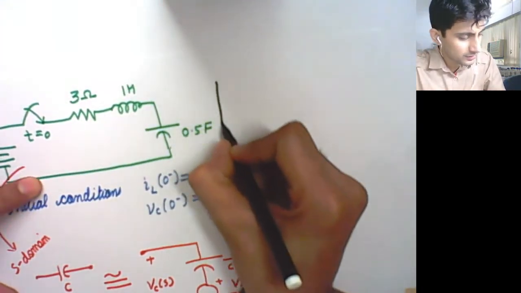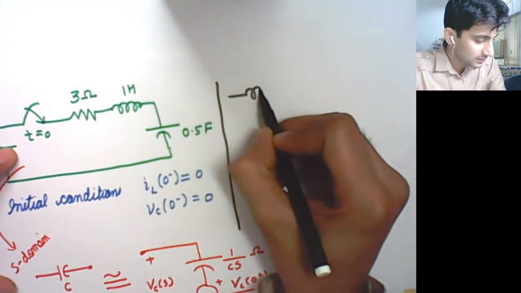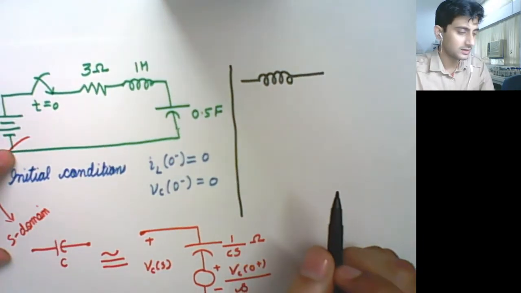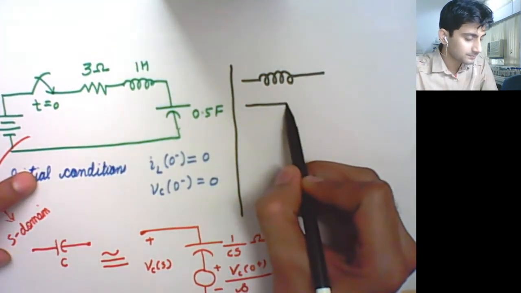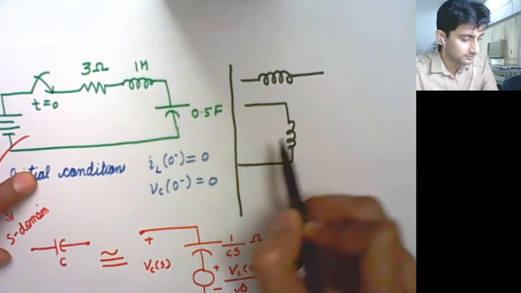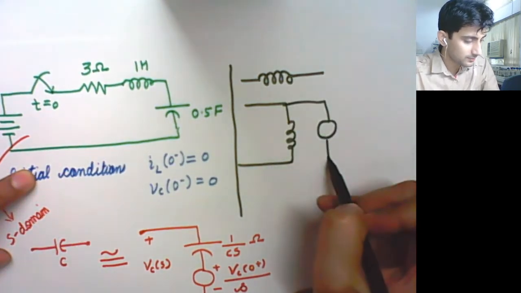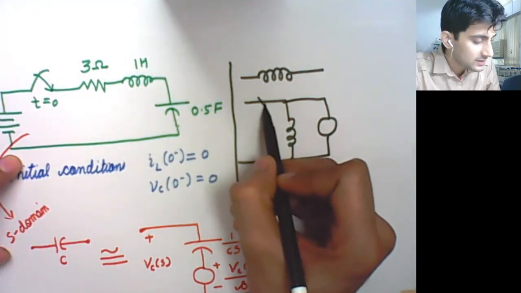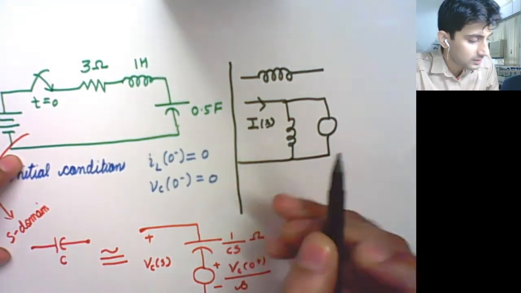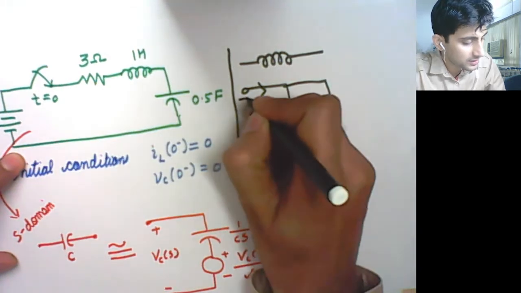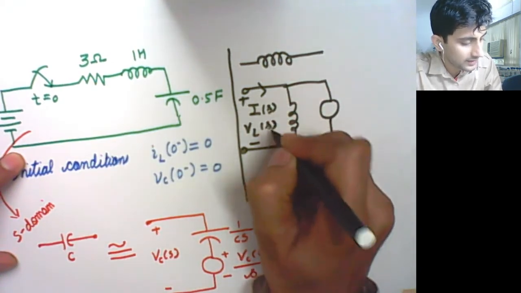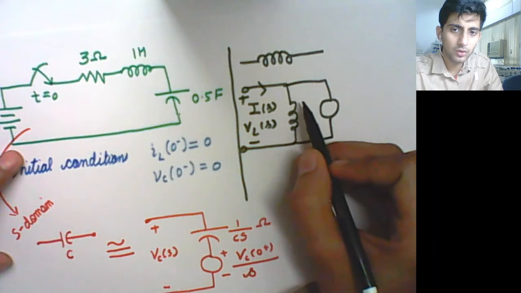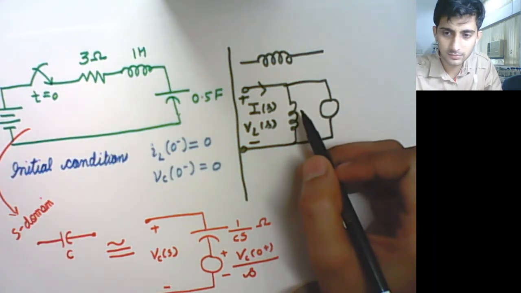Similarly, we also did that the equivalent of an inductance is with a current source. Now if this is, let's say, IS, and across this there is a potential of VL of S, what was the value in ohms for this? LS.